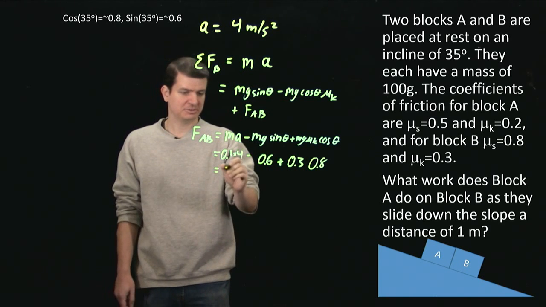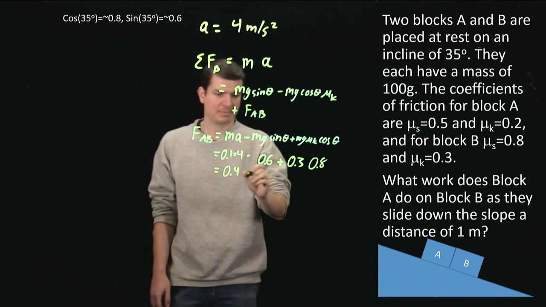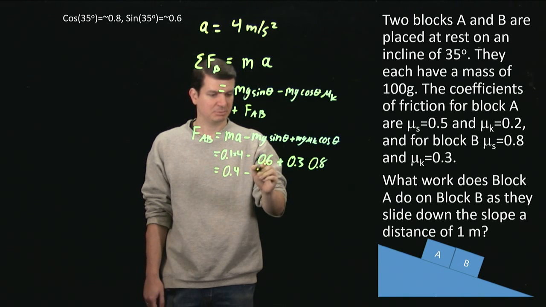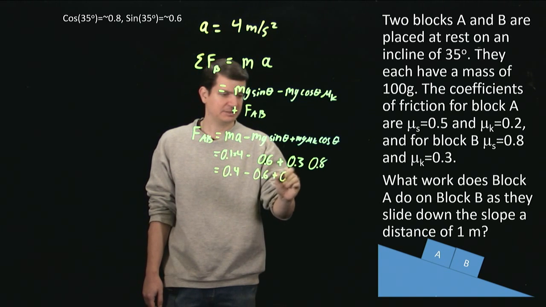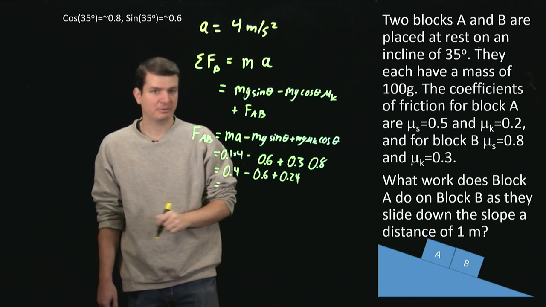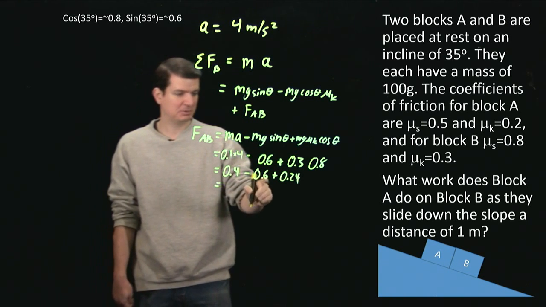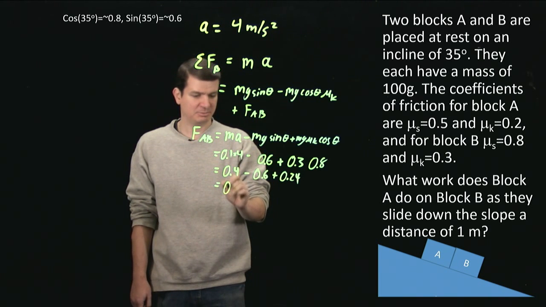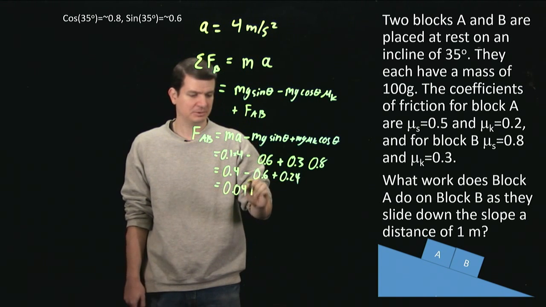So that is equal to 0.4 minus 0.6 plus 0.24. So the 2, 4, and the 4 give us 0.64. Subtract off 0.6, 0.04 newtons.